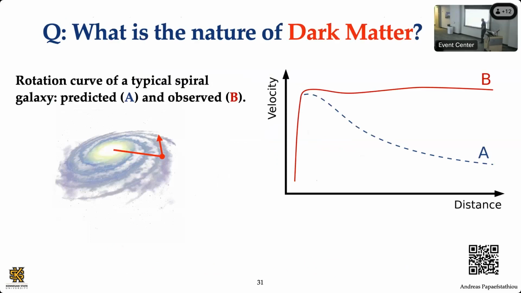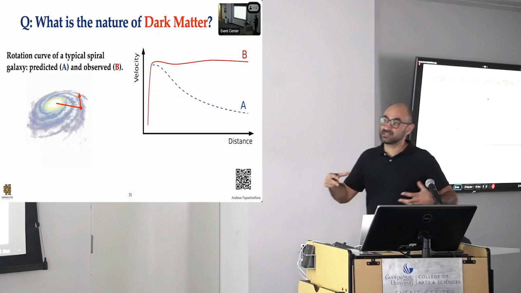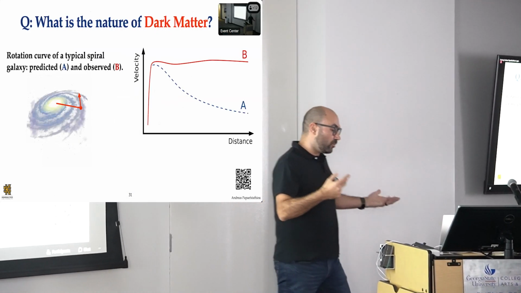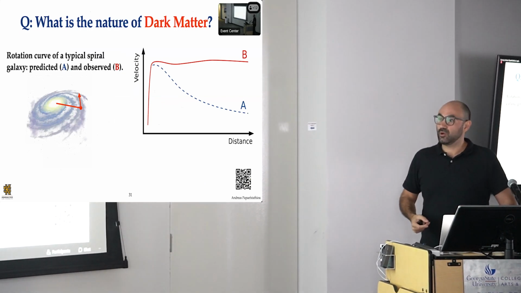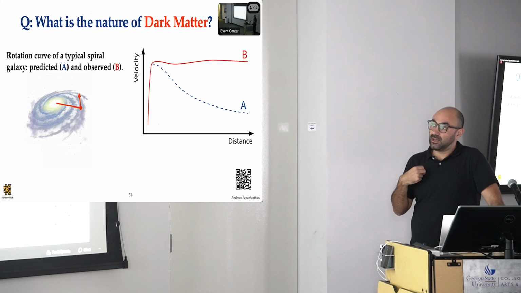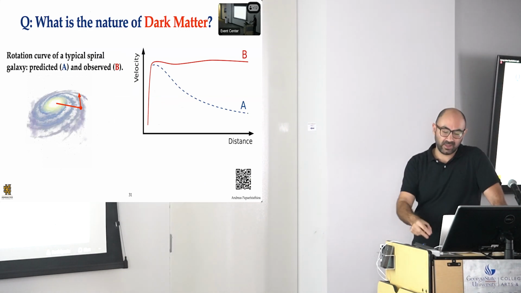We expect it to drop off as this dashed blue curve, however we observe the red curve, which tells us that the galaxies are embedded in some unknown form of matter that only interacts, or primarily interacts, gravitationally with the matter that we know of.